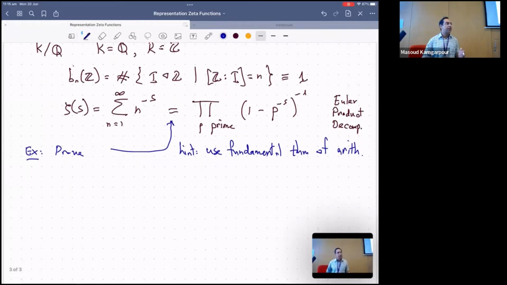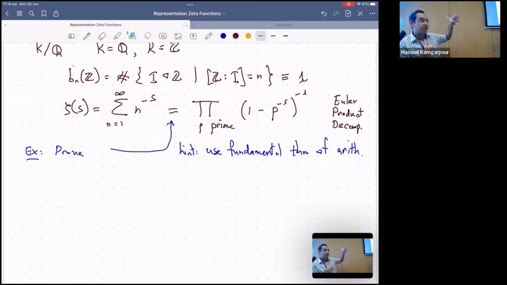Now, how much information does this function contain? Well, it contains a lot of information. Yes, the question is, what do I mean by always one? So you take the integers. How many subgroups of index n does it have?